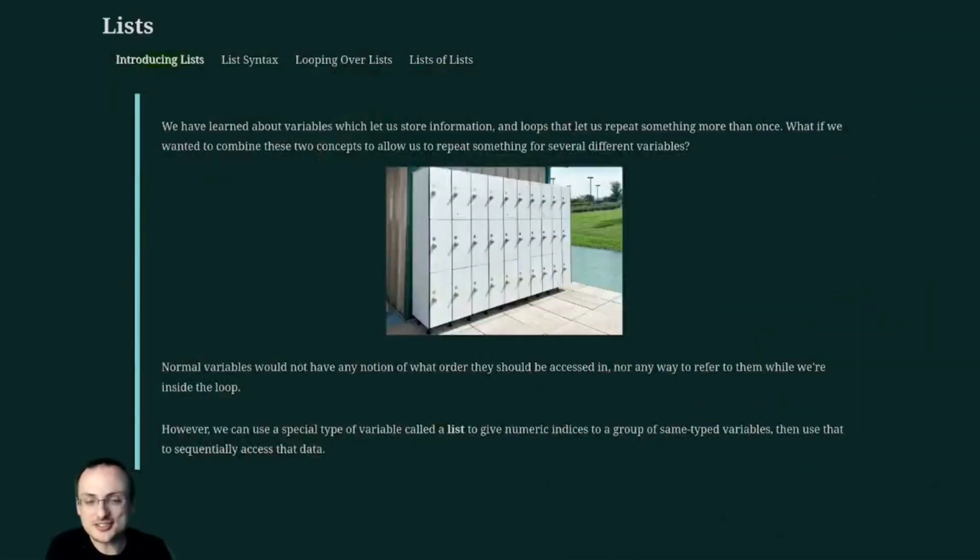So to get us started off, I want to talk a little bit about just what a list is. So previously, we've learned about a bunch of different data types. And all of these types, whether it was a string of text or a number or a Boolean, we were able to store that into a variable.